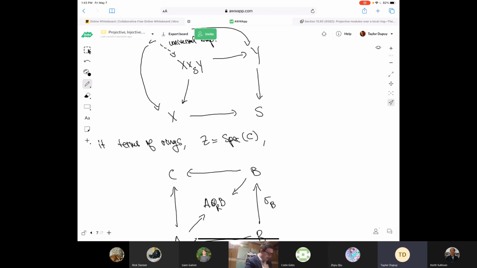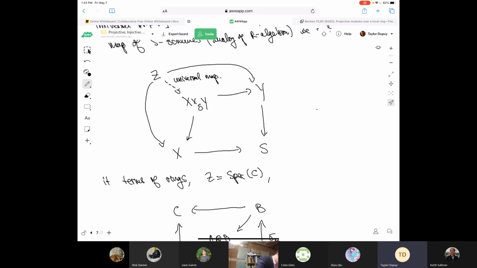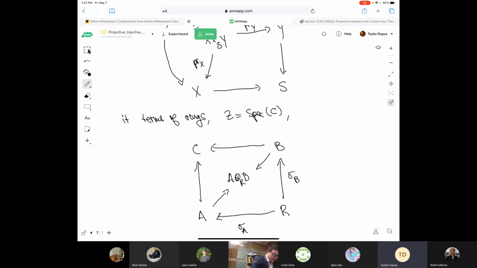So one thing to notice is that in terms of schemes and geometry, this is the projection onto Y, and this is the projection onto X. In terms of algebra, this is the inclusion map.